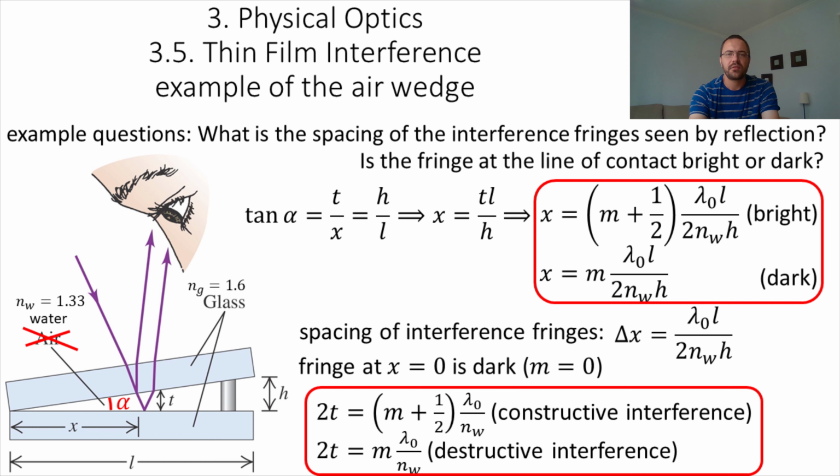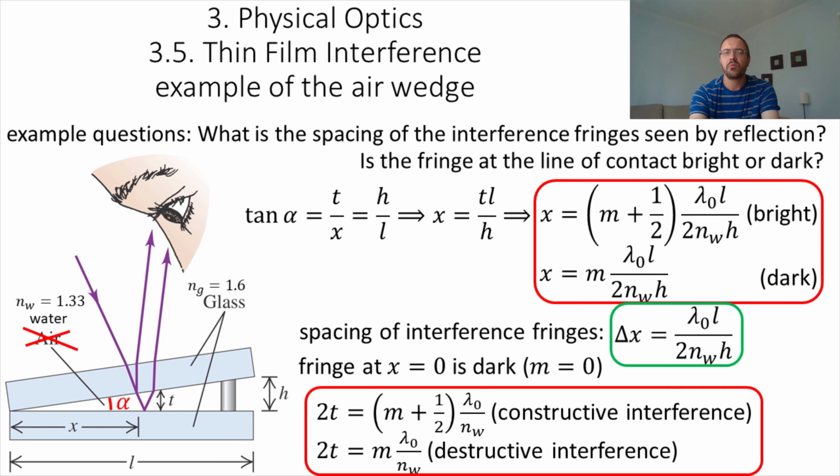The rest is all the same mathematics as before. You see that the spacing of interference fringes becomes lambda 0 L over 2 n water h. Right? So because the wavelength in water is reduced, the spacing between the interference fringes is also reduced.